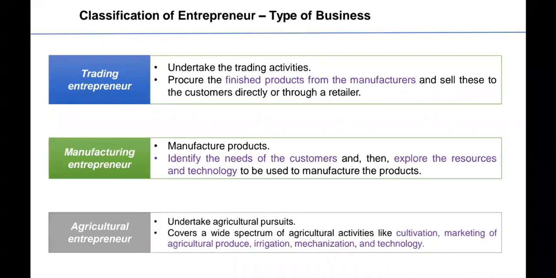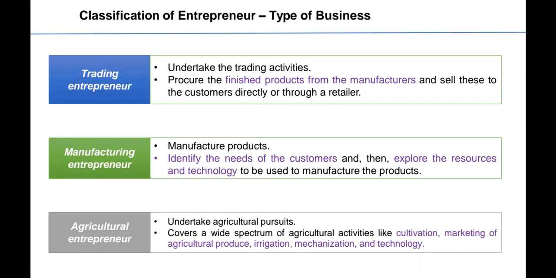The next type is the classification of entrepreneurs on the basis of type of business. First is the trading entrepreneur. Trading entrepreneurs are those who undertake trading activities, procure finished goods from the manufacturer, and sell these to the customers directly or through retailers. These entrepreneurs are not manufacturing anything. They are buying and selling goods.